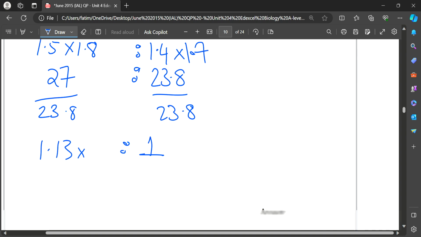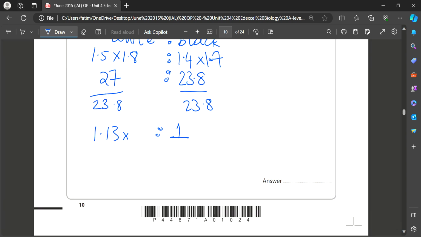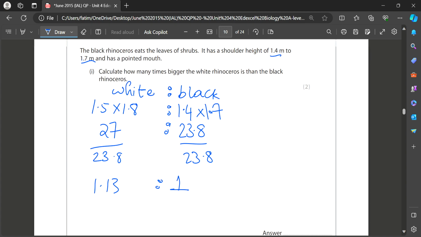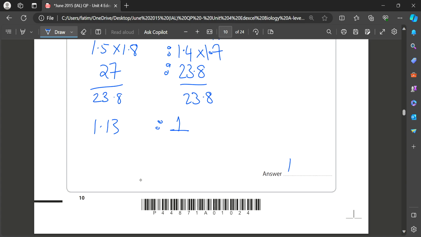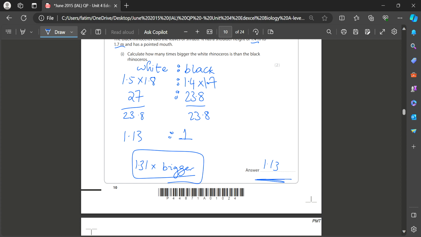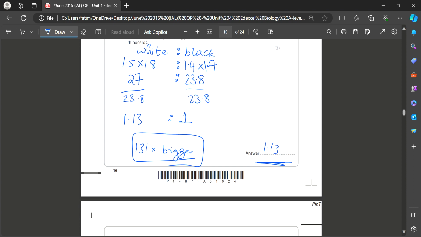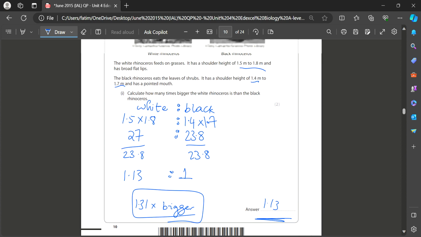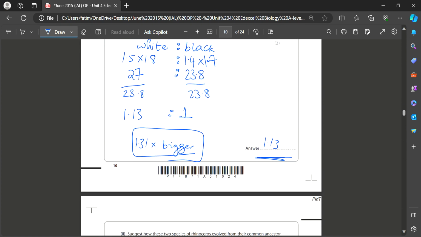You don't need to write the x, so over here, how many times bigger is it? 1.13. So I'm just gonna write 1.13x bigger, just to make it fancier, and that's the answer. Make sure you write it over here because the examiner might not give you the mark if you don't write it down. And that was just 2 marks.